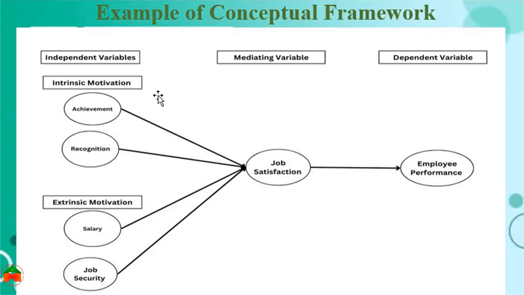Suppose on your own research model, you want to show that the independent variables are intrinsic motivation and extrinsic motivation. So here achievement and recognition are known as intrinsic motivation, where the salary and job security are known as extrinsic motivation. And if you want to show mediation by the job satisfaction and the impact on the employee performance, then this is your own model. So this is the conceptual framework, because this is your own model.